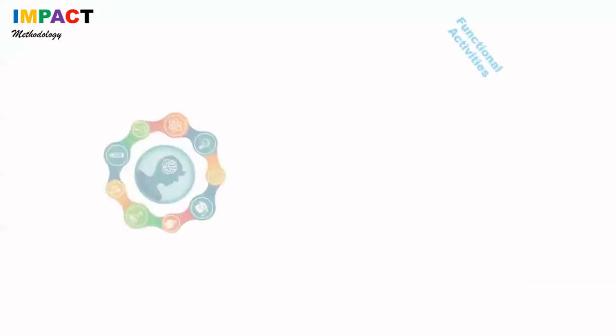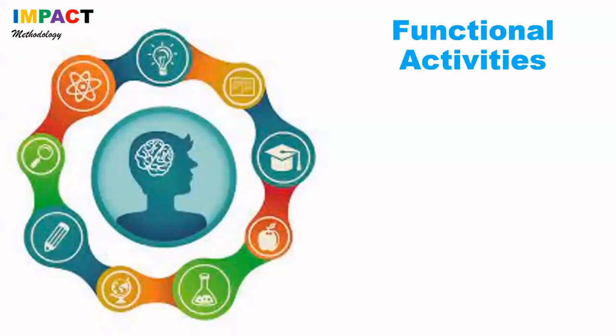So before we do the activities and play in a fun-filled and learning manner, we need to understand one very important component which we have been discussing again and again, and that is called functional activities. Functional activities and generic activities are different from one another.